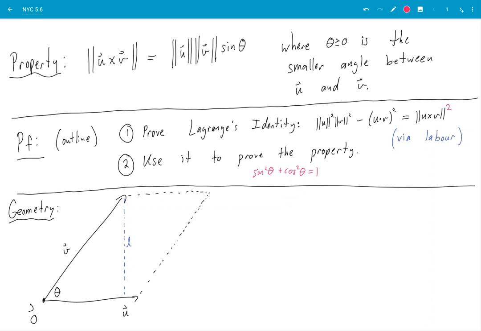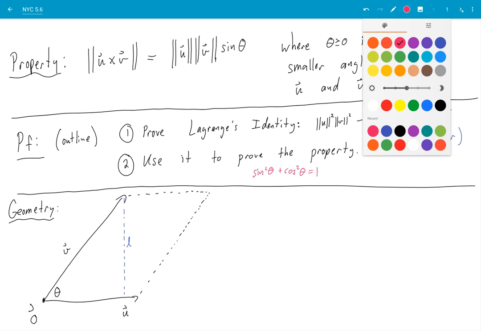Okay, more interesting perhaps is the geometry of the situation. We're going to see that this is the area of this parallelogram here. Let me convince you of that.